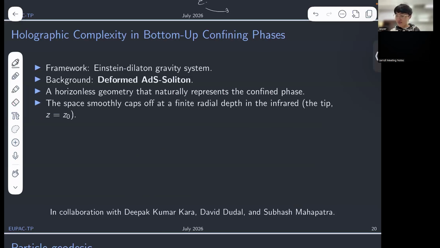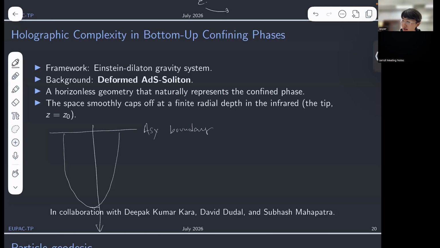So in this AdS soliton, our geometry actually looks like a cigar shape, right? This is our boundary. It looks like a cigar shape, and the particle is restricted to a certain range of the z-axis, from z equals infinity to z equals z0.